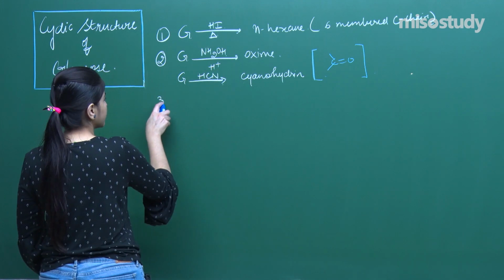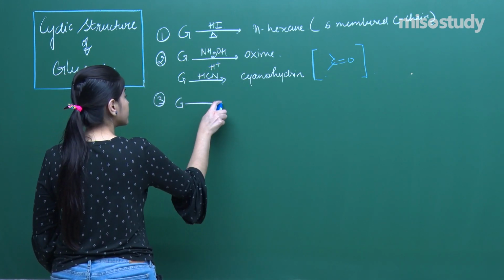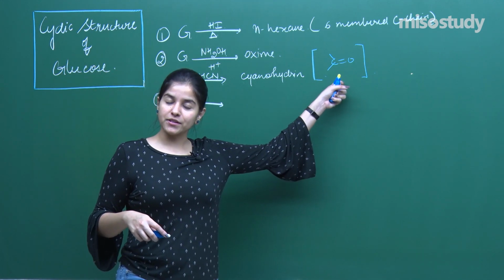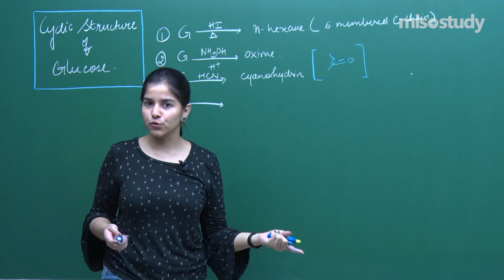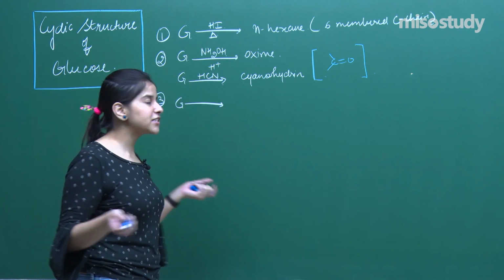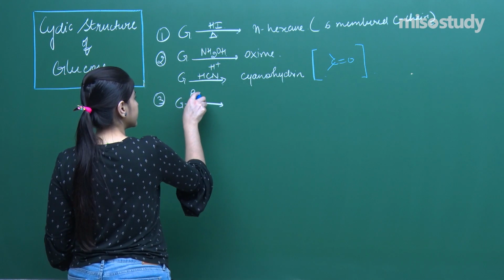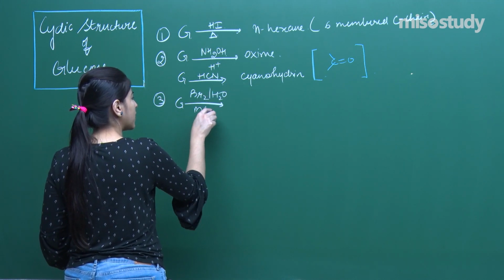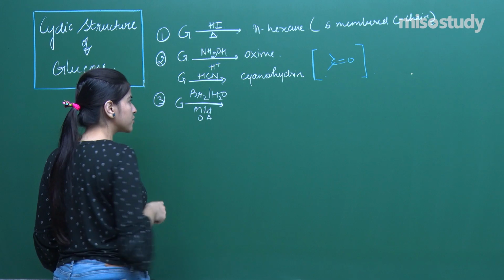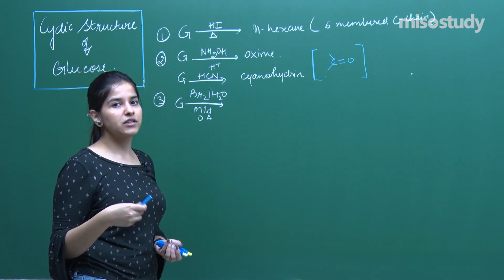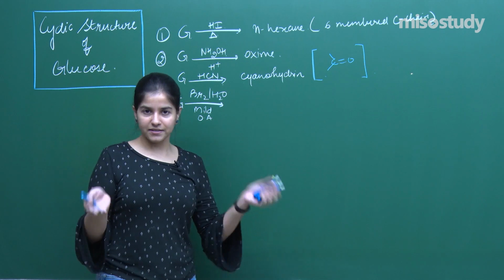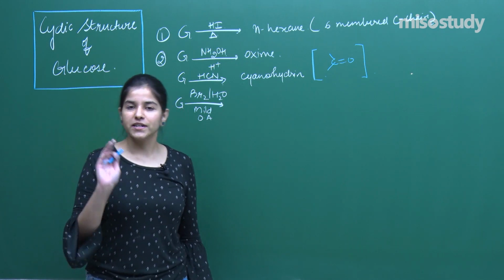Now, the third, again I took up glucose. I was concerned whether this carbonyl group is associated with the aldehyde or the ketone. So, for that I performed the mild oxidation, a mild oxidizing agent basically. What it does, it converts the CHO group into a carboxylic acid.